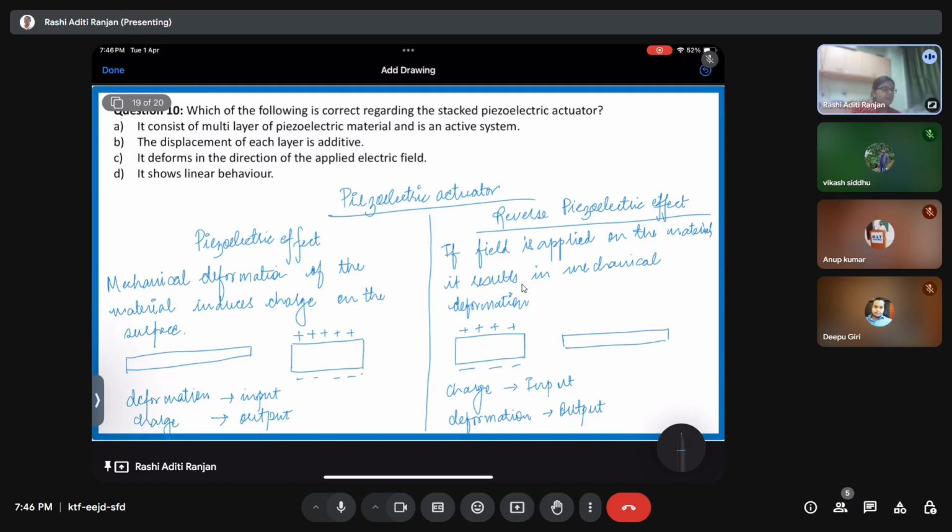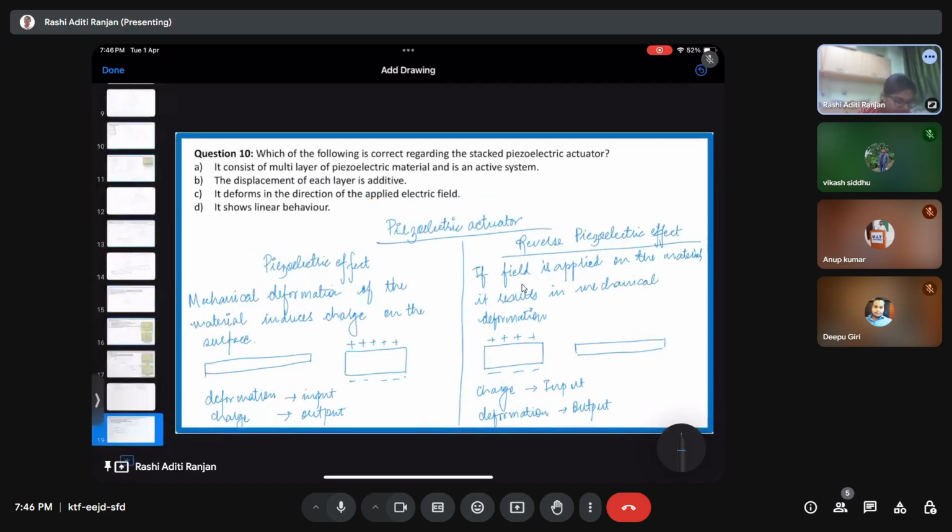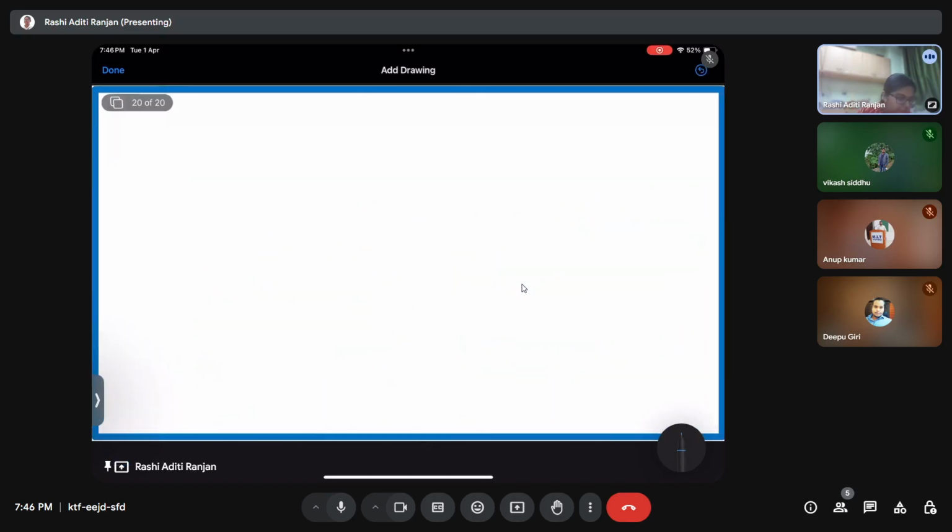Okay, that's fine. Now they are talking about stacked piezoelectric actuator. What does a stacked piezoelectric actuator mean? So see, if I take a piezoelectric actuator and then I paste another one on it, another one, another one, something like this.